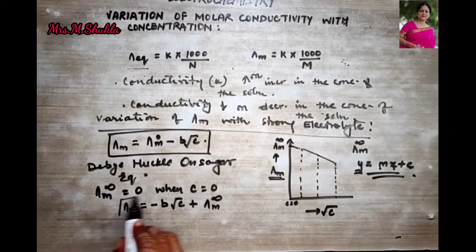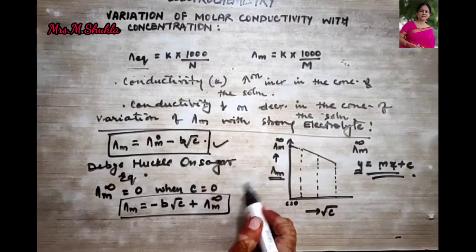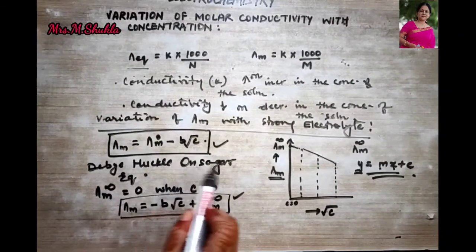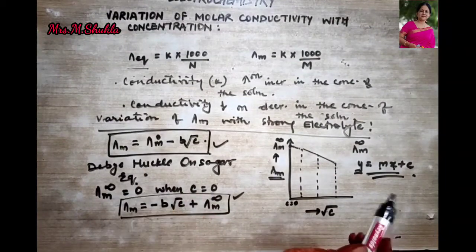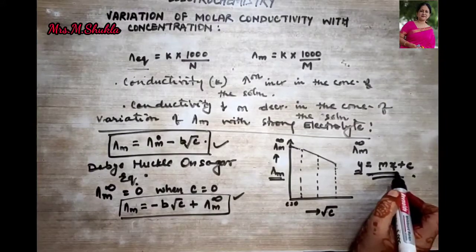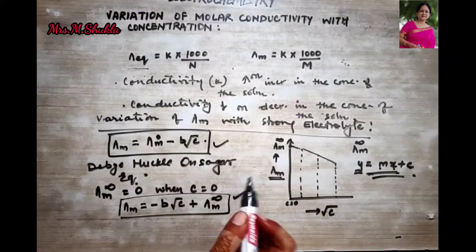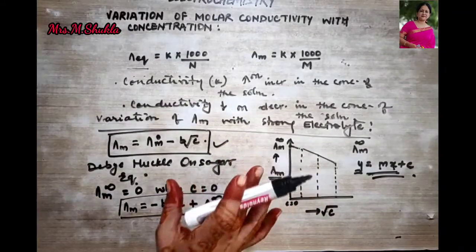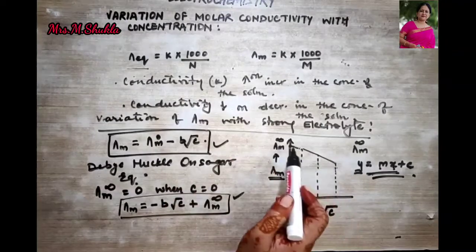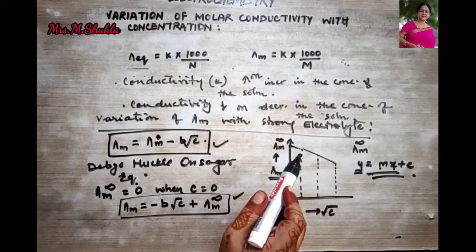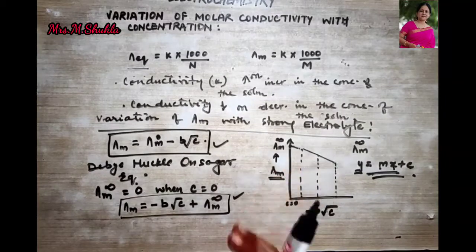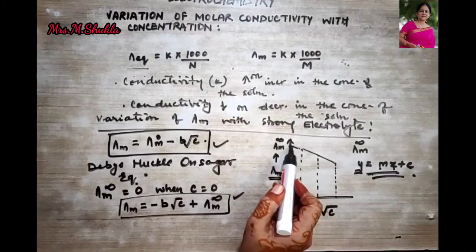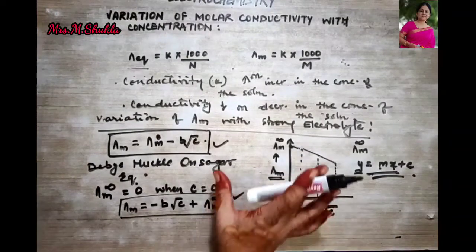So I hope this is very clear to you, that this equation and this equation are both the same. What are they called as? The Debye-Huckel-Onsager equation, which follows the straight line equation, and it completely depends upon the concentration of the solution, right? What did we study? That as the dilution increases, concentration has decreased, the molar conductivity will increase. Clear? And so here we are going to find the maximum molar conductivity.